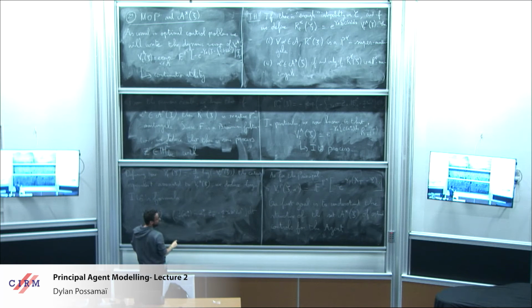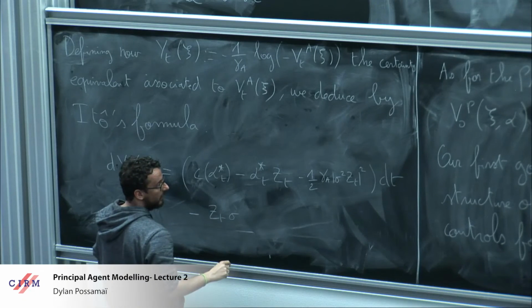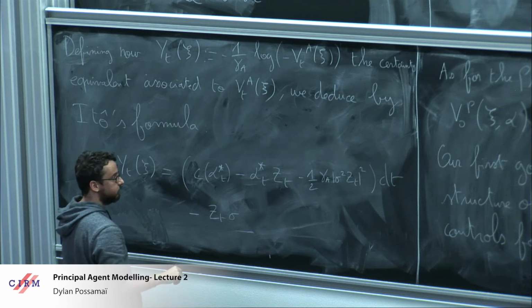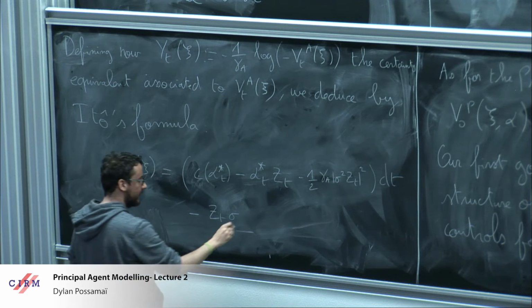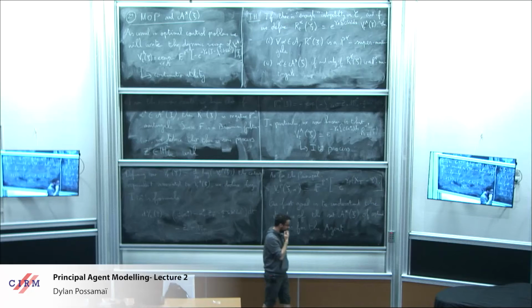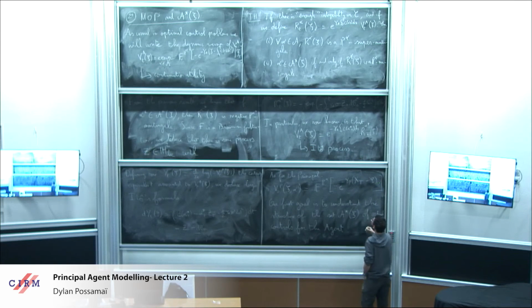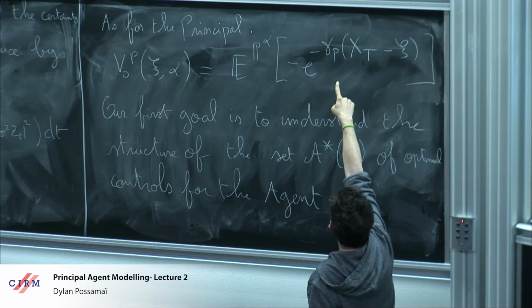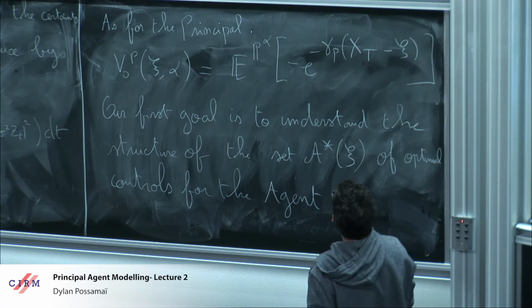And then here you will get minus Zt sigma dB. All right, so basically what did I do here? RT alpha star, you know the dynamics because it's just a stochastic exponential over there. You multiply this by the exponential, great, that gives you an additional dt term.